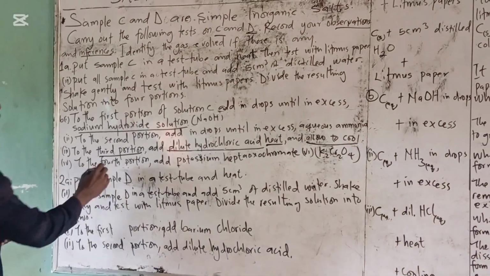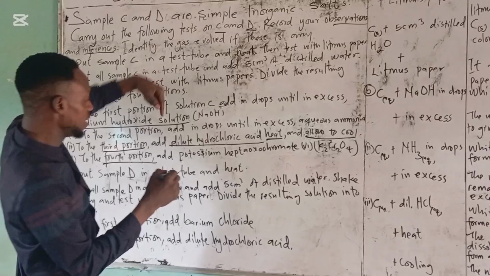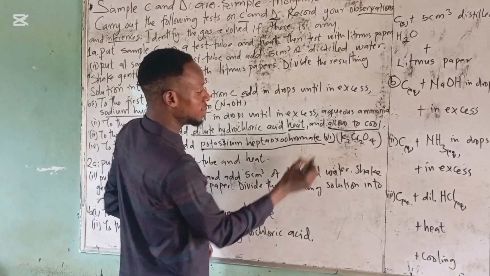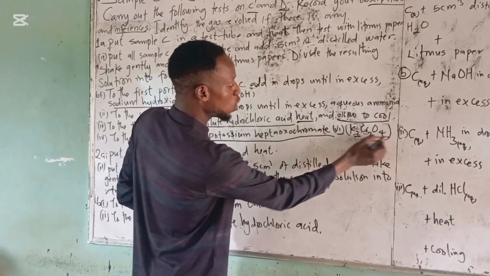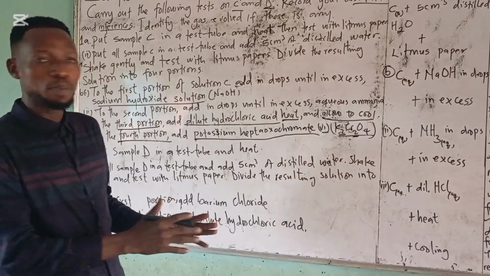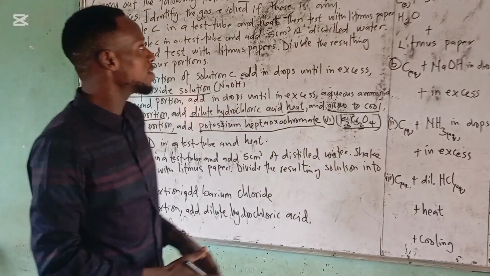To the fourth portion of our resulting solution, we are going to add potassium heptaoxochromate(VI), K2Cr2O7.